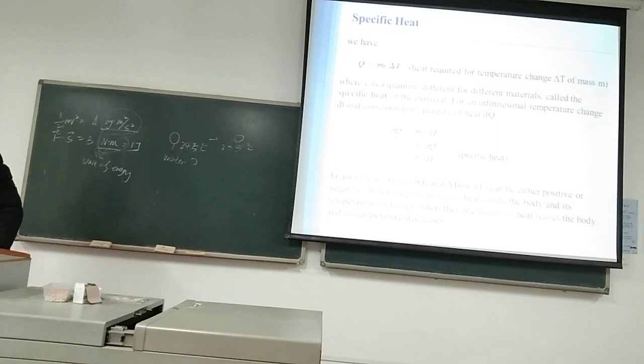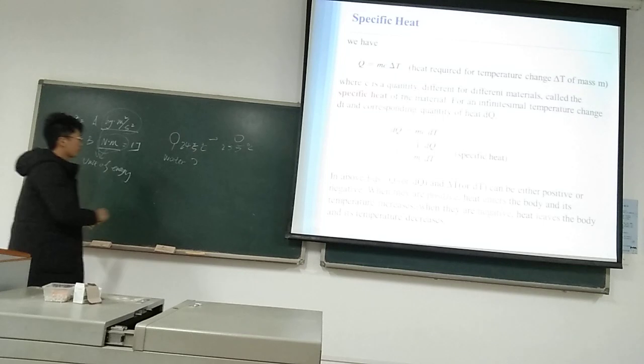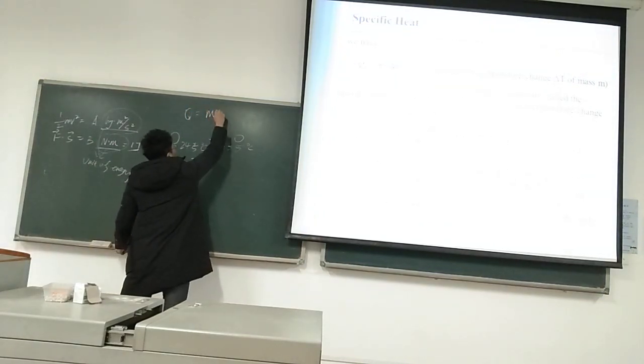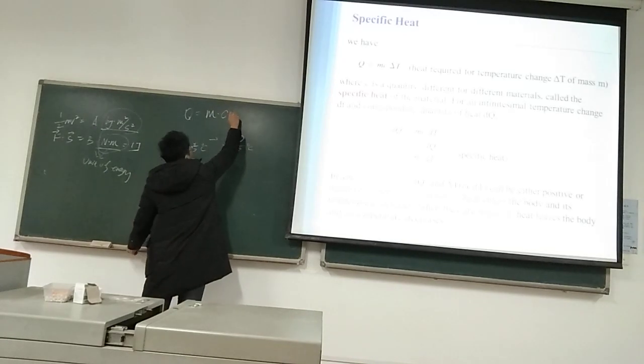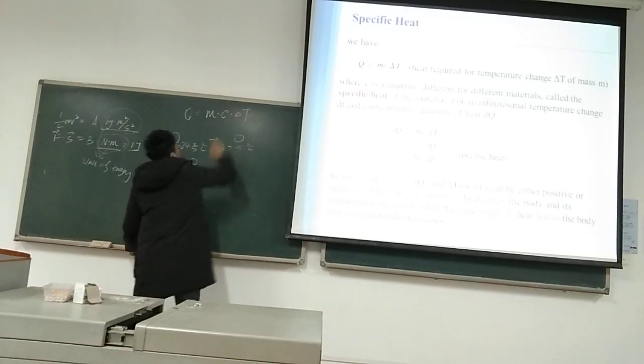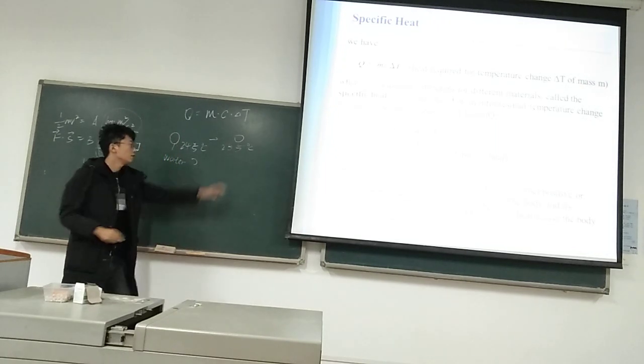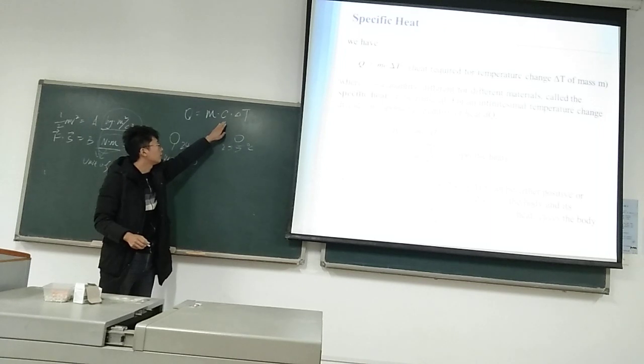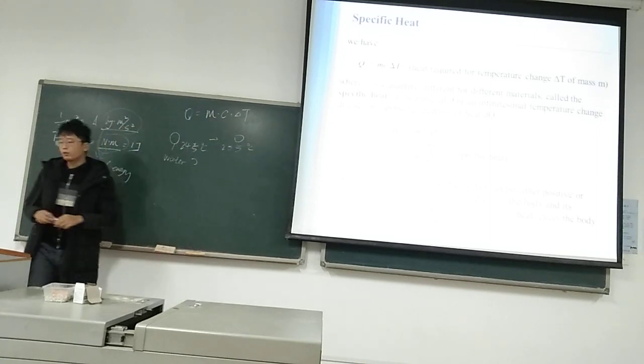In this equation, Q equals m c delta T. The heat required for temperature change delta T of mass m, where c is the specific heat. Q equals m times c times delta T: variation in temperature, mass of the material, and the specific heat of the material.